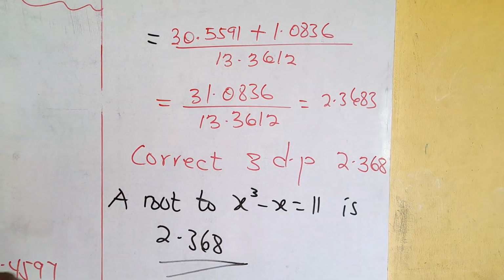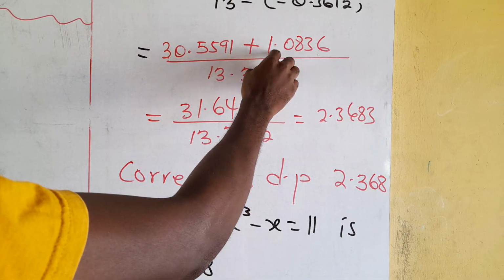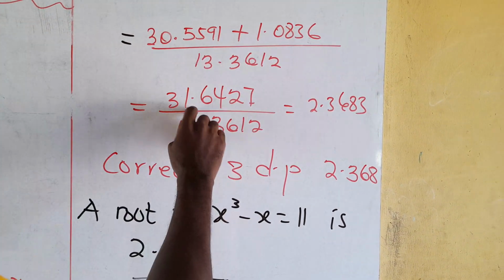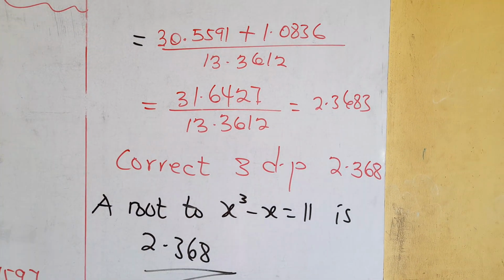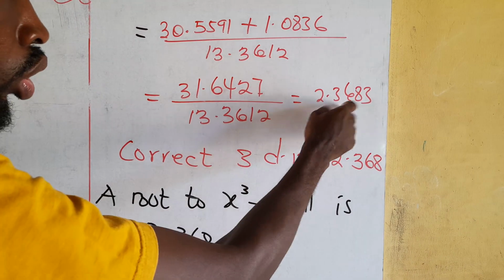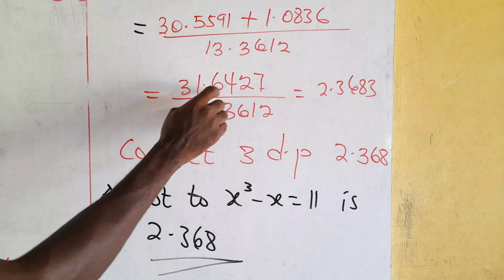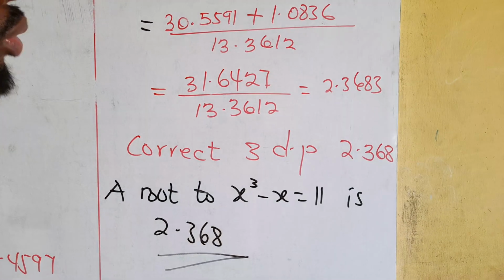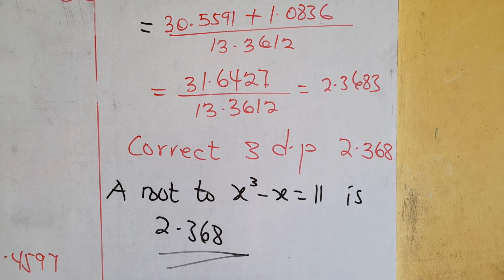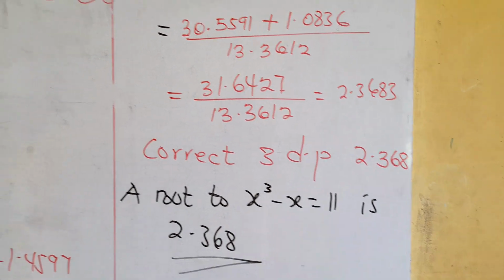I hope you get it. So please, let's correct. If 30.5591 is added to 1.0836, it's rather 31.6427. And when we divide it by 13.3612, that's why we got 2.3683 as our figure. So it's only this that was wrong. So correct to 3 decimal places will still be 2.368.